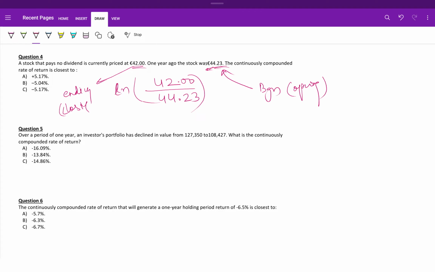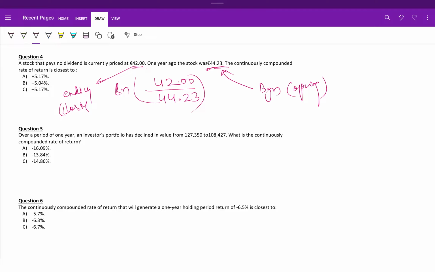Now, question number five. Over a period of 1 year, an investor's portfolio declined from 127 to 108. Here we are also given numbers. What is the continuously compounded rate of return?